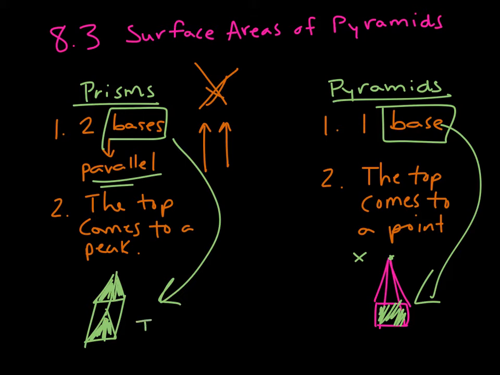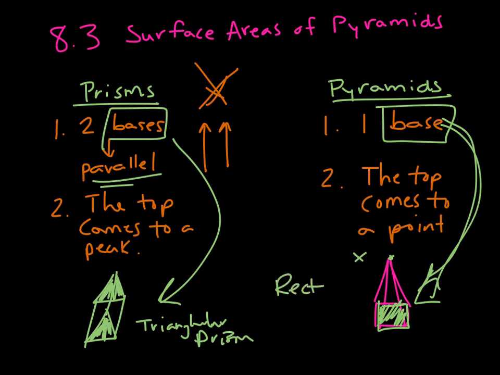So it is a triangular prism. Sorry, that is really bad handwriting. This one over here, my base happens to be a square or a rectangle. We'll say a rectangle because we're not 100% sure. So that becomes a rectangular pyramid. I hope that helped a little bit.